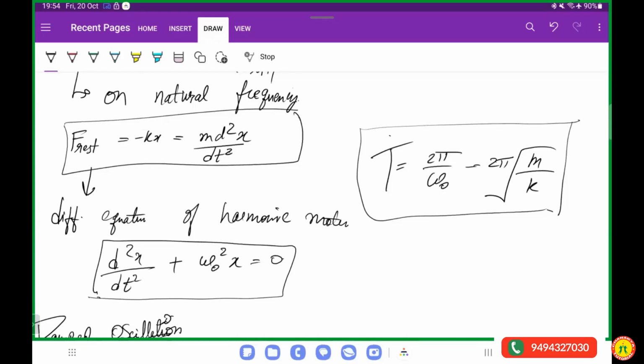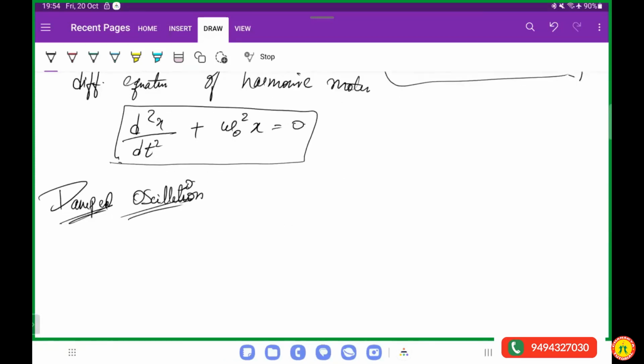If I use simple terms, you can see it around everything. Any idea how to reduce something without any external force? There are some types of friction available, right? Air friction, ground friction, whatever it is. So here also the same thing is happening.